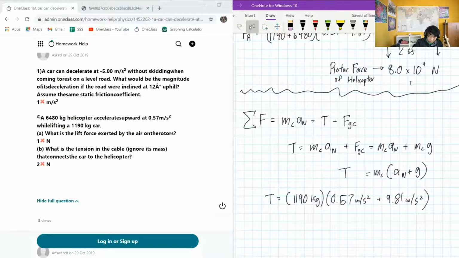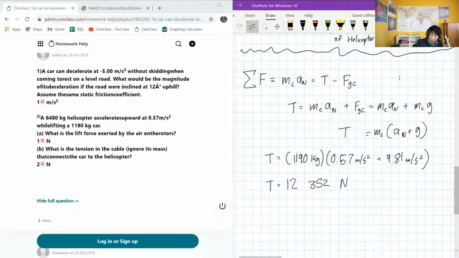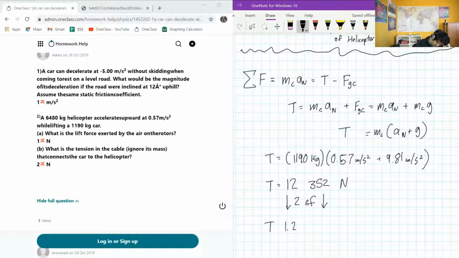So my result for this calculation is 12352 newtons, and to two significant figures, we will get 1.2 times 10 to the 4 newtons.